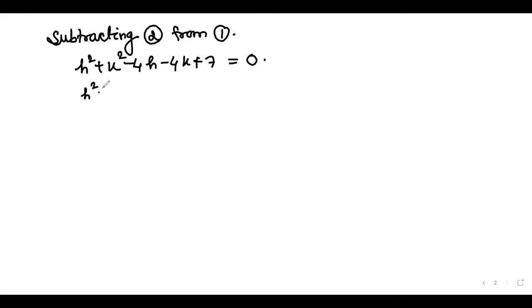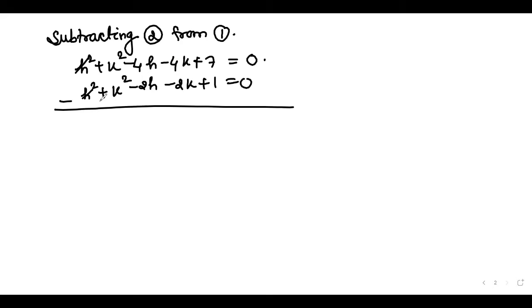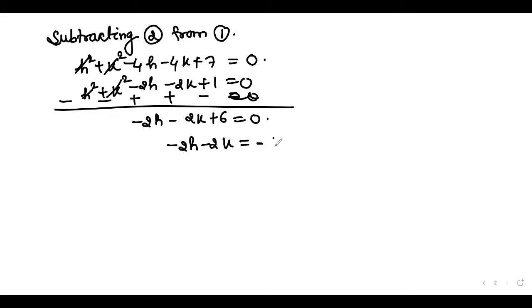Now equation 1: h square plus k square minus 2h minus 2k plus 1 equals 0. Subtracting these two, you are getting minus 2h minus 2k plus 6 equals 0. So here it is minus 2h minus 2k equals minus 6, so h plus k equals 3. So I'm writing it as k equals 3 minus h, giving it as equation 3.